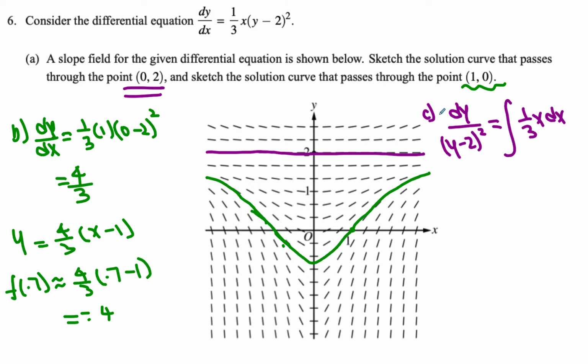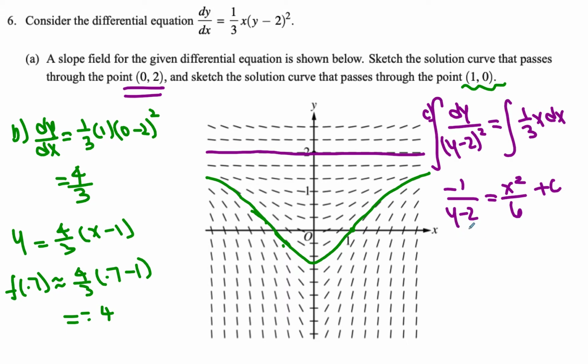When you integrate both sides, my left side becomes, since the coefficient of y is 1, relatively simple: negative 1 over (y minus 2). If this was a bit difficult to see, you could have said u equals y minus 2, and the u substitution would have helped as well. On my right side, it becomes x squared over 6, plus C.